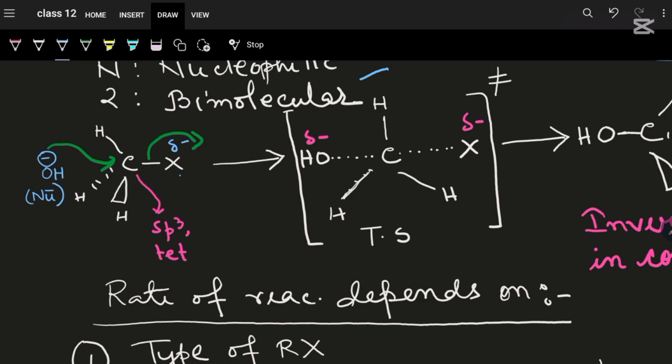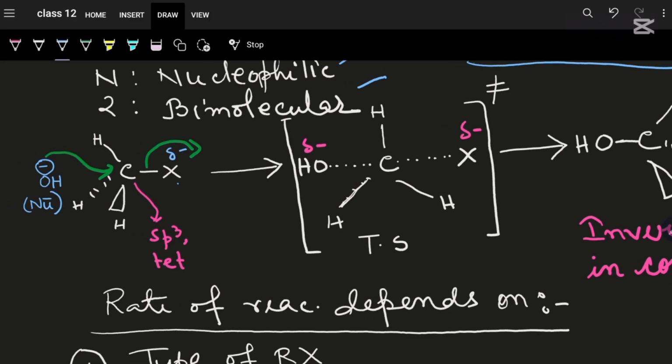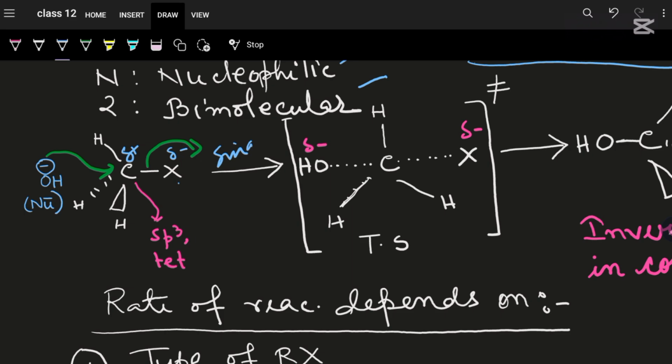So in order to minimize the repulsion, the nucleophile takes maximum distance from X. So it is a backside or rear side attack, and the attack of the nucleophile over the electrophilic carbon and the leaving of the leaving group both take place simultaneously. So this is a single step reaction.